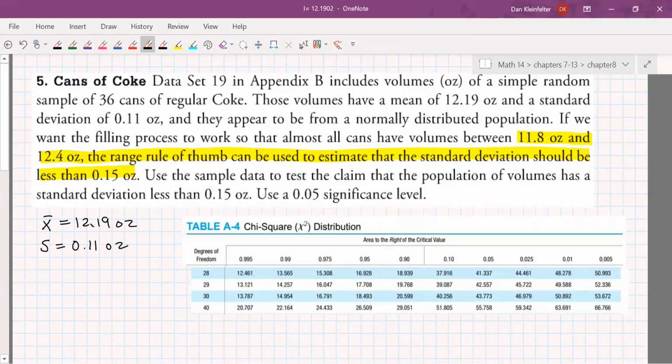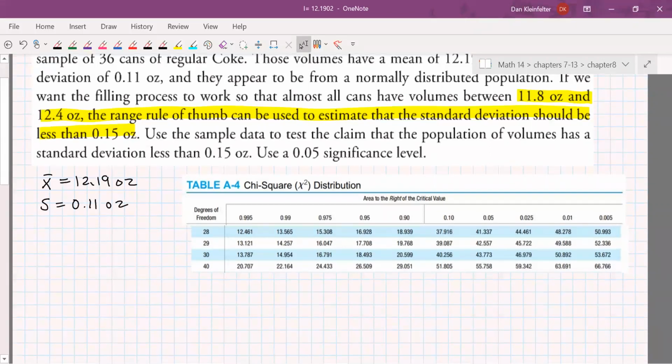And they appear to come from a normally distributed population. If we want the filling process to work so that almost all cans have volumes between 11.8 ounces and 12.4 ounces, the range rule of thumb can be used to estimate that the standard deviation should be less than 0.15 ounces. So where are we getting that?